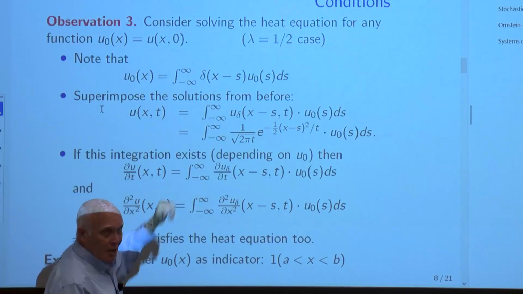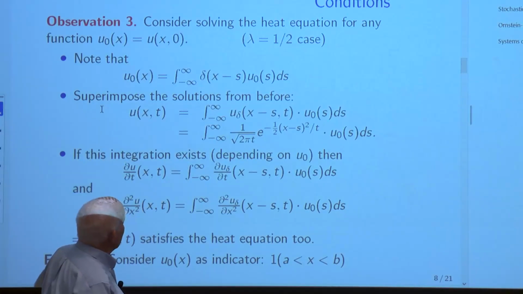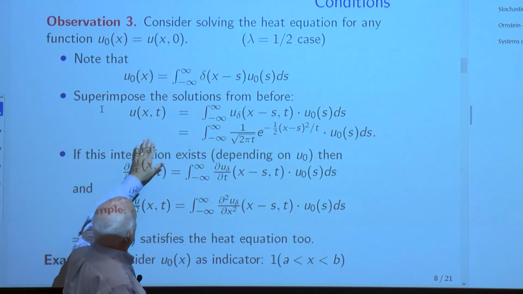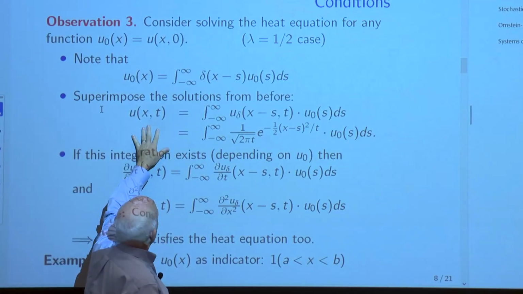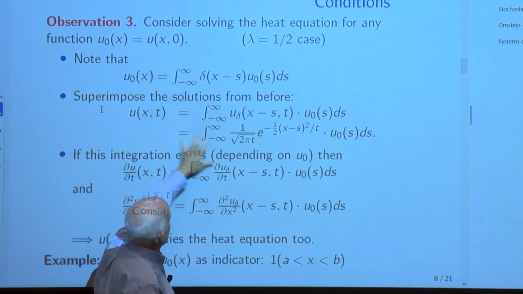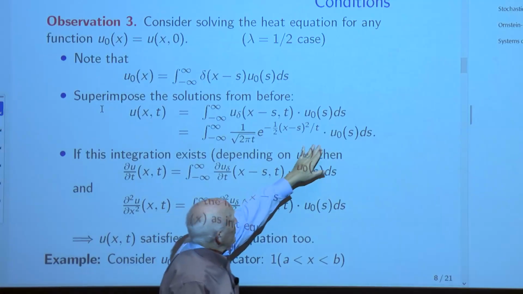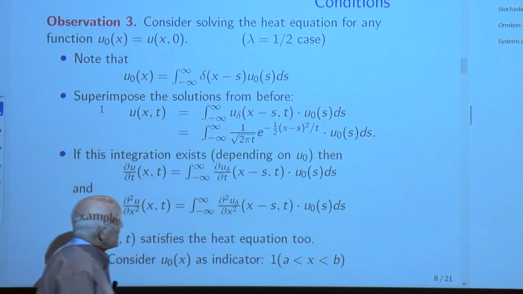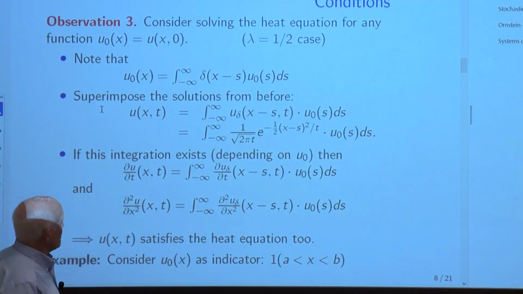So it's a weighted sum of Dirac deltas. And so the equation for the sum of these, or integral of those weighted by u naught of s, is given by this expression here.